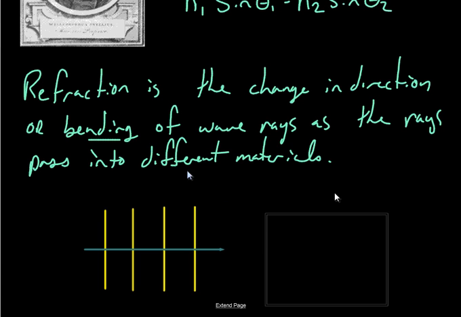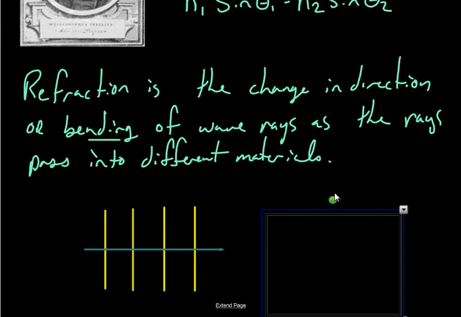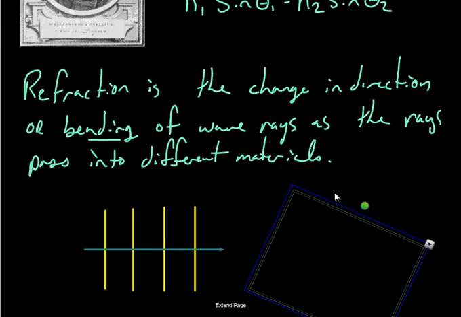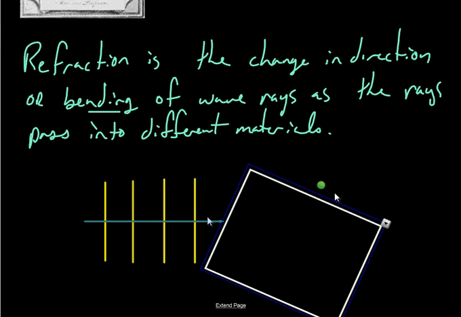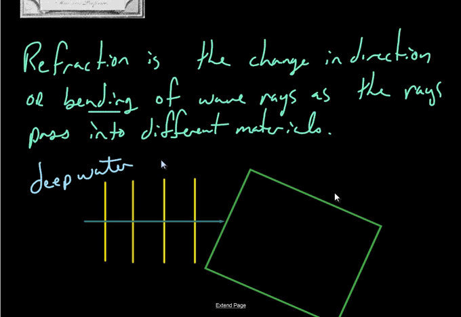We just represent that as a slightly different area here, at an angle. So the waves are striking the surface of a shallower area. That's what this is meant to represent. So this is deep water, and this is shallow water.